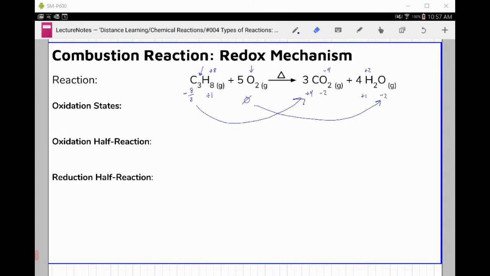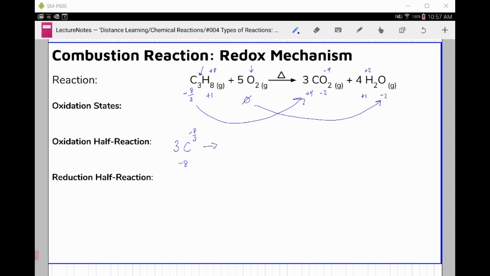So our carbon atom in this case is starting at -8/3 for each of those. We can write that as having 3 carbon atoms, each of those having a charge of -8/3. So in total on this left side now, there's a -8 charge. Right? 3 things with -8/3 each is -8.